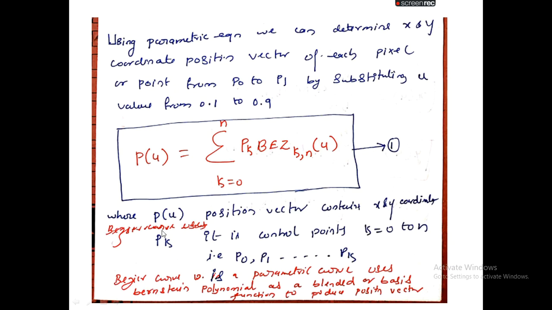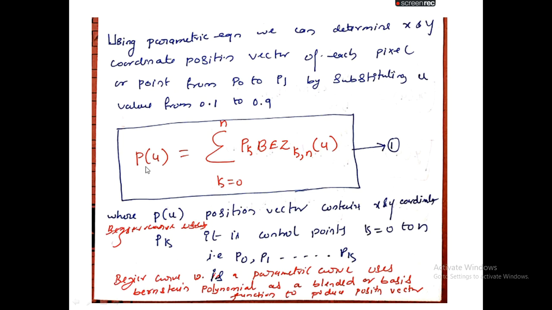P of u specifies the coordinate position of every pixel from the first point to the last point in that particular curve. To create different position pixels, we need to substitute u value from 0 to 1, and we need to specify n number of control points.